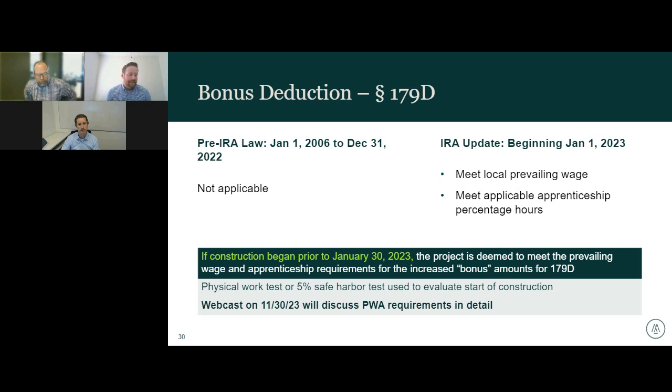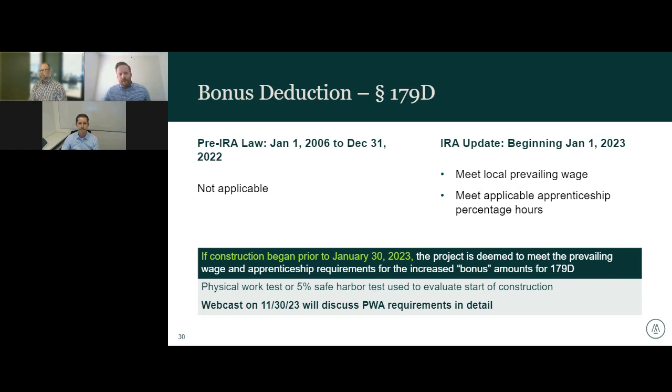I'll just say for this webcast, we're not going to dive into the details of those requirements, since they are quite extensive, but there is a webcast coming up on November 30th where those regulations are going to be covered in more detail. So I encourage you to sign up for that one and attend, as it'll be really good content for people who are interested in achieving those prevailing wage labor requirements associated with the higher deduction and credit amounts.